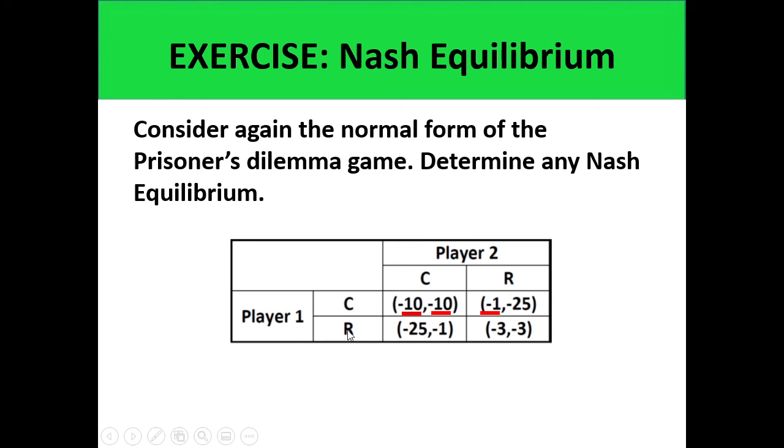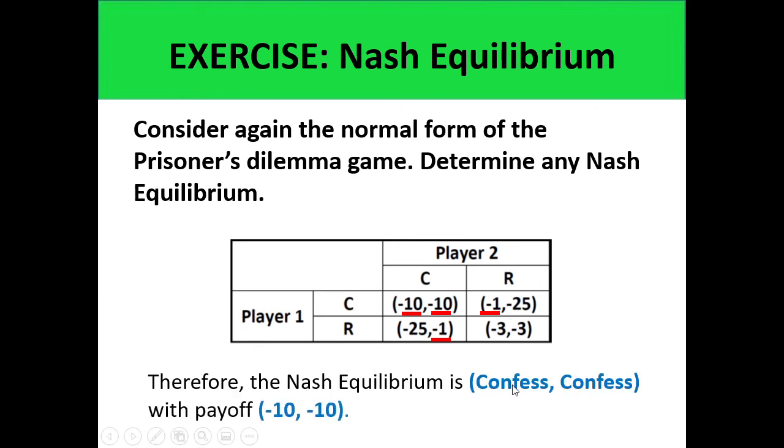If player 1 decides to remain silent, player 2 will get either negative 1 or negative 3. The better response between the two is negative 1. So we will underline negative 1 in this case. So now we are done analyzing player 2. So in this case, the Nash equilibrium is confess, confess with a payoff of negative 10, comma, negative 10.